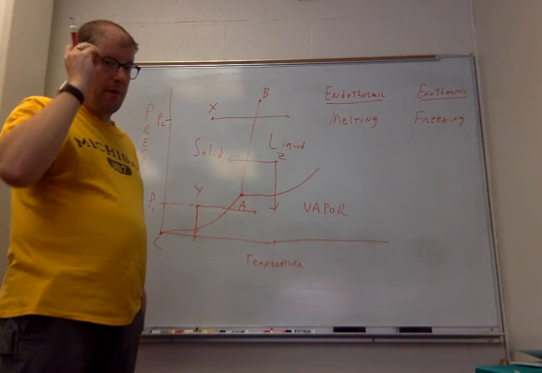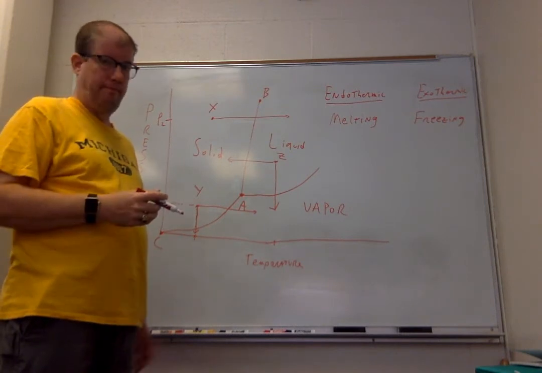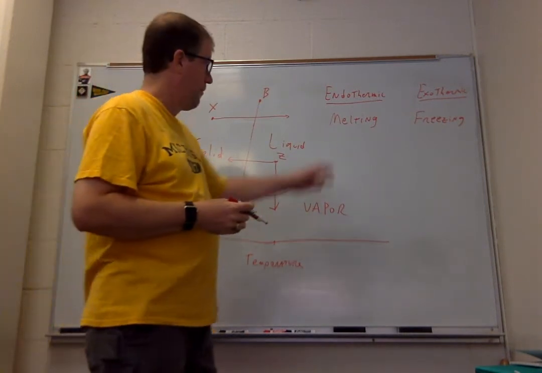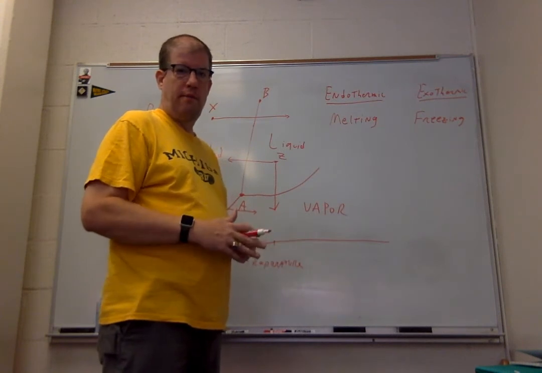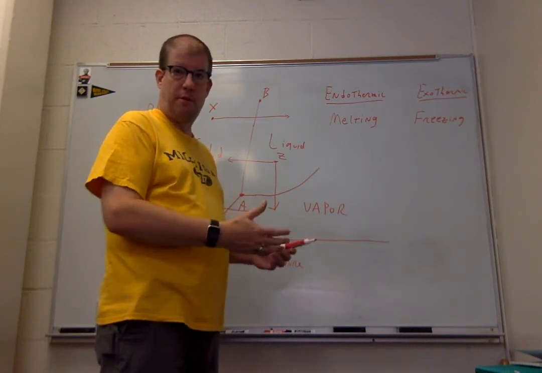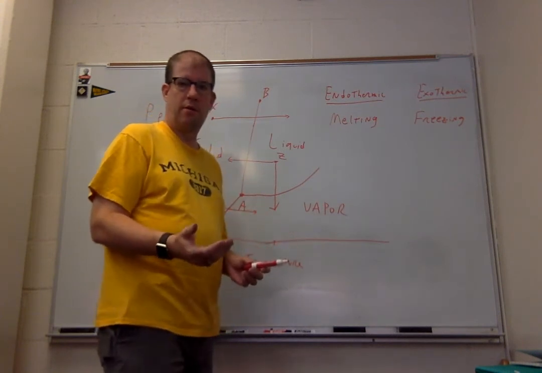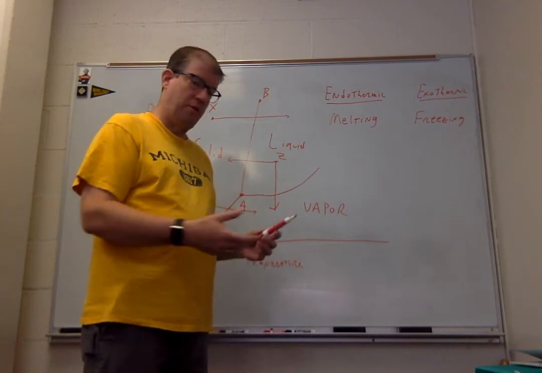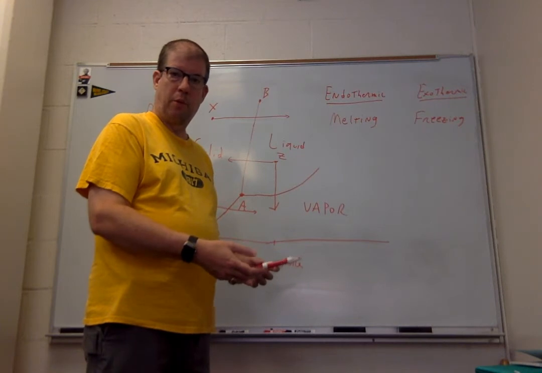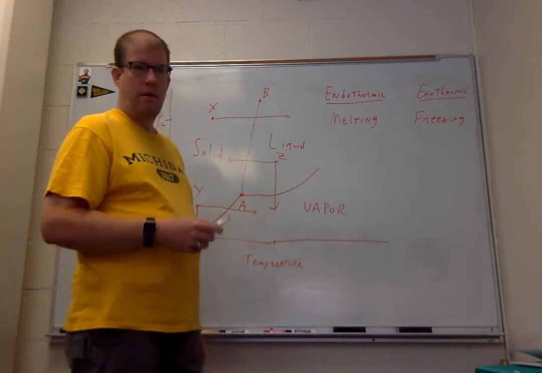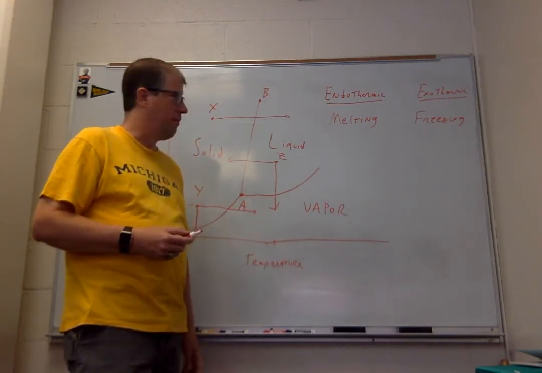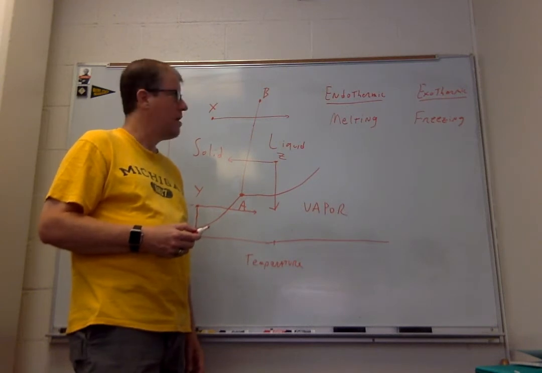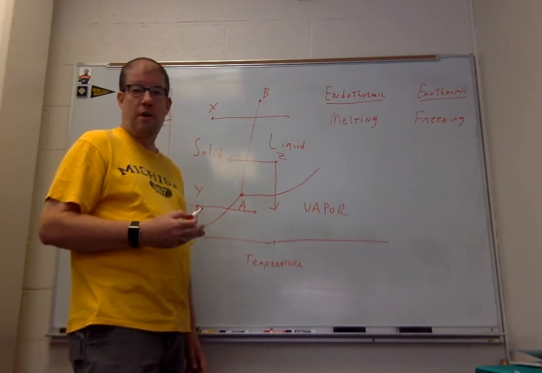In order to freeze something, you have to take energy out. So how we do this with water, you take the ice cube out of the freezer, you're changing the temperature from 0°C to whatever the temperature of the room is, it'll melt. To freeze water, what do you do? You put your ice cube tray with liquid water in the freezer. It goes down to -15, whatever it is. It freezes. You're taking energy out.